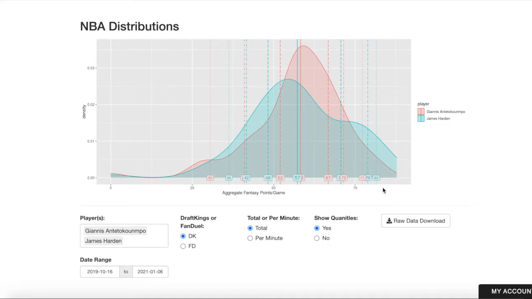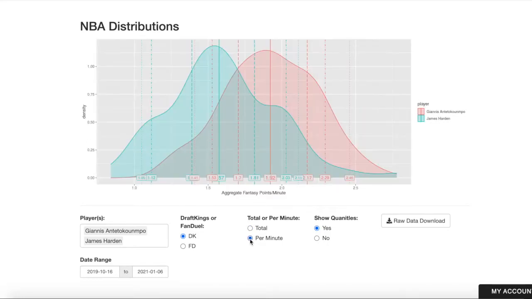So over the last year or so, we can make the case that even though Giannis has a higher floor than Harden, certainly a higher median and a higher 25th percentile outcome, Harden has access to a ceiling that appears to be a clear 5 points or so more than that of Giannis.